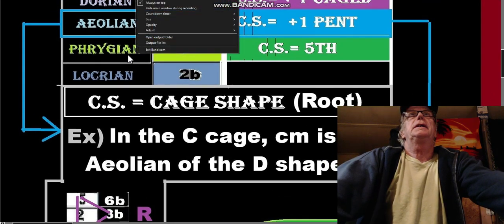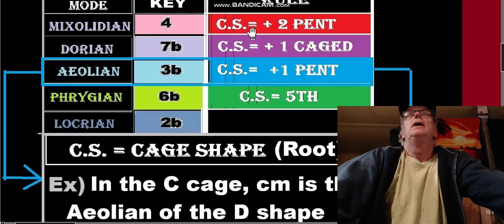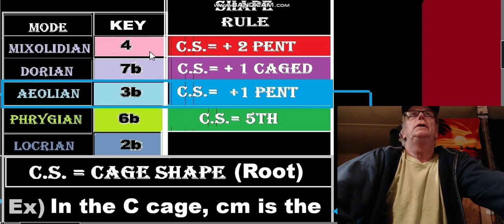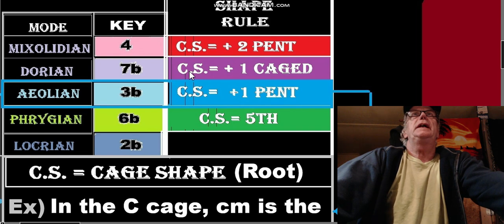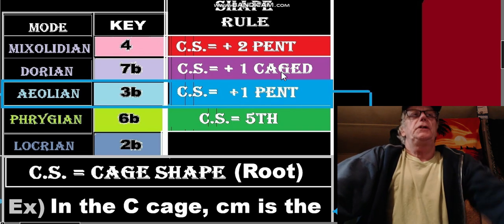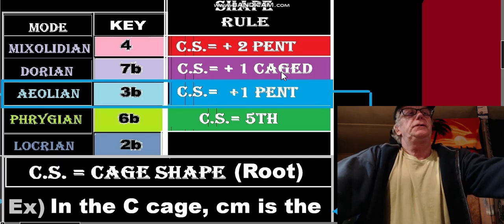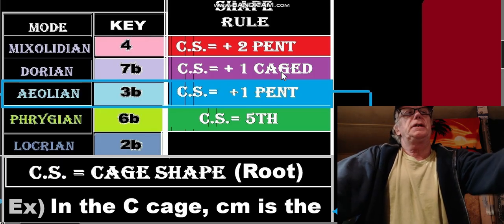This chart here, this was a rule. So Dorian is the root cage shape plus one CAGED. In other words, C, looking at the key of C on the piano.